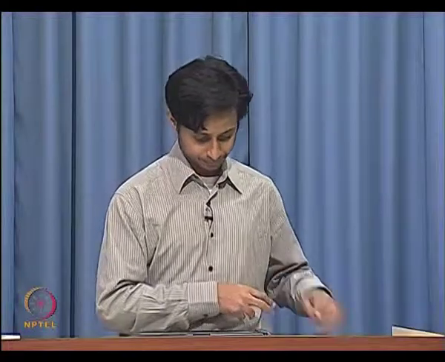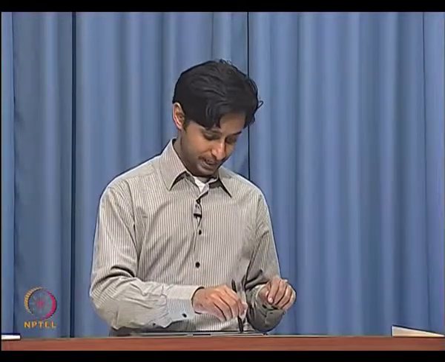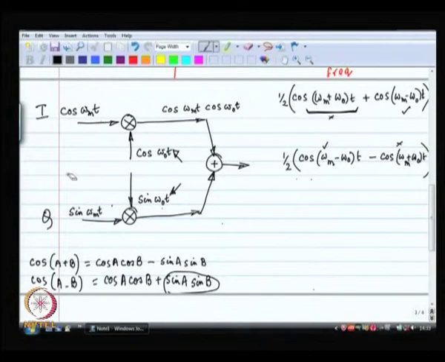So, there is going to be a processor which is going to create this message, and if the processor can create the cosine part of the message, it can equally create the sine part of the message. So, as far as the message is concerned, if cosine can be generated, the sine can also be generated, there is no problem.